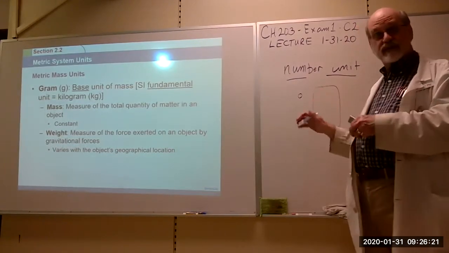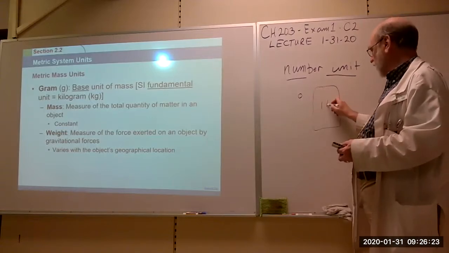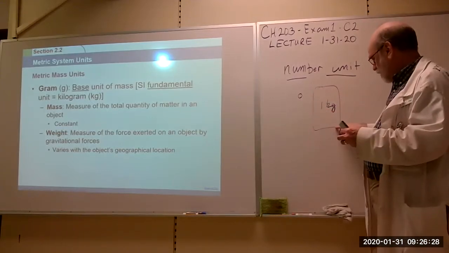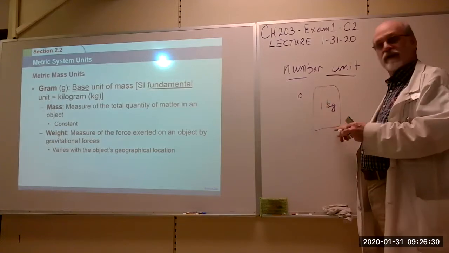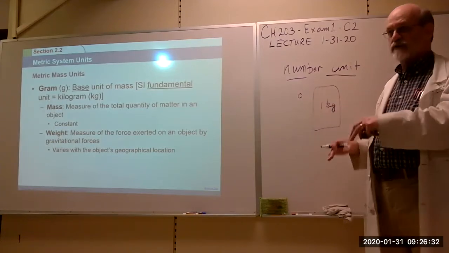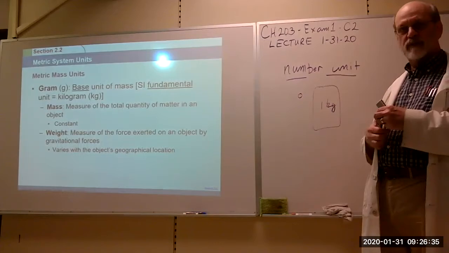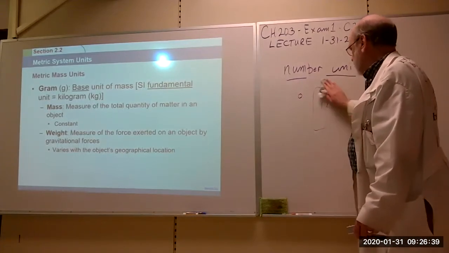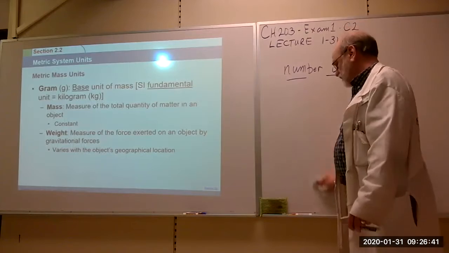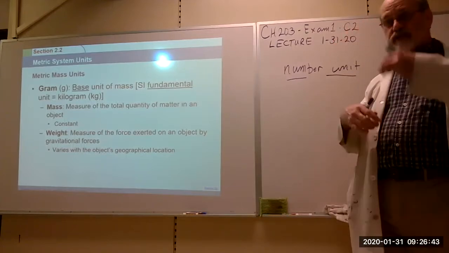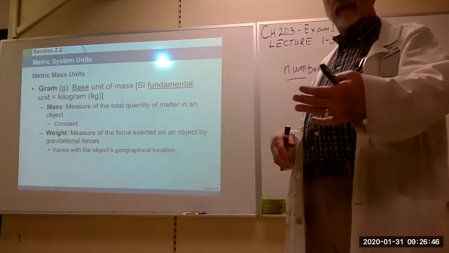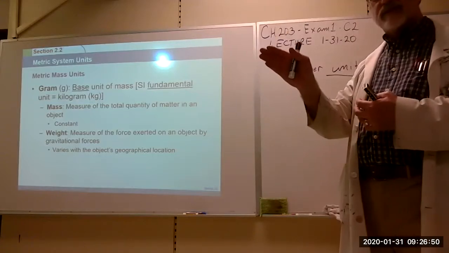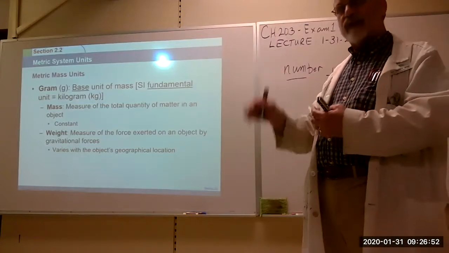So they created a mass that was 1,000 or 1 kilogram as the standard, so that if you were off by the same amount here, the percentage error would be much, much lower, an acceptable amount. So that's why the gram is the base unit that the prefixes are multiplied by, and the kilogram is the fundamental unit that establishes the size of that mass.